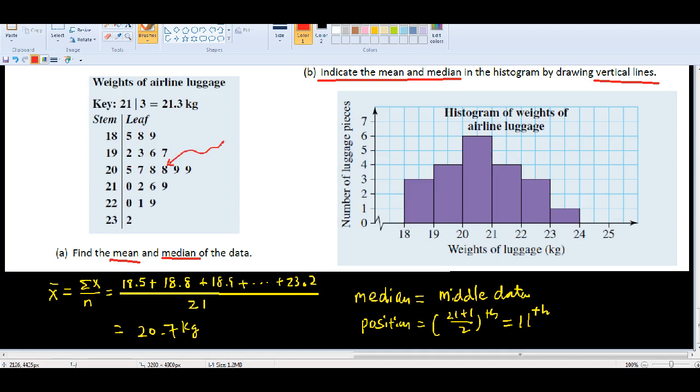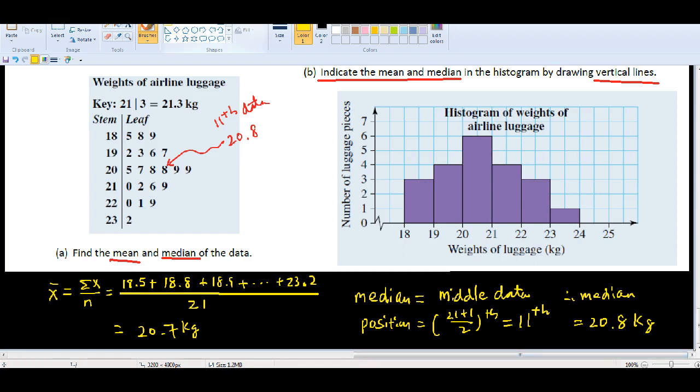So this 8 representing 20.8 is our 11th data. So the median is 20.8 kilogram.